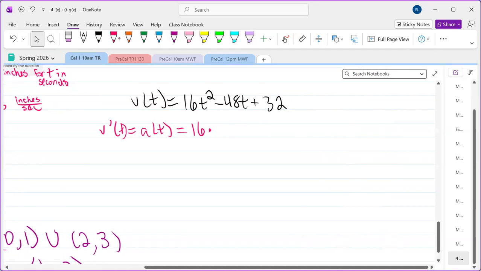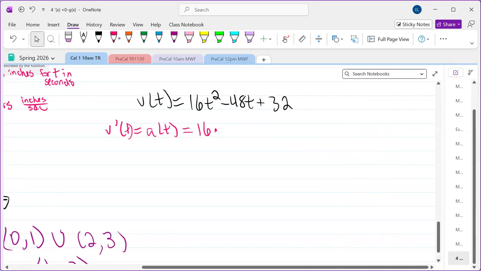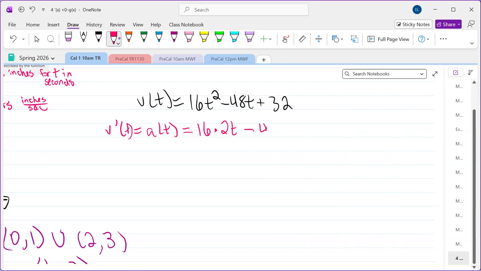So that'll be 16 times the derivative of t squared, which is 2t, minus 48 times the derivative of t, which is 1, plus the derivative of 32 as a constant, which is 0. So we get 32t minus 48.